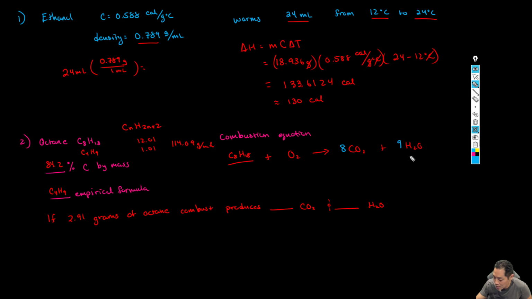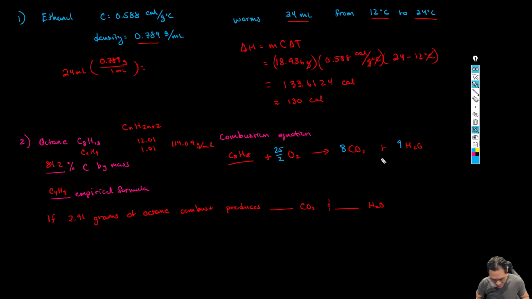Now we count oxygens here as 8 times 2, which gives me 16 plus 9, which will give me 25. So that means I need 25 on the left side, so you could kind of cheat. If it's O2, 25 divided by 2. If you don't like fractions, you could just multiply everything by 2, so it would be 2, 25, 16, and then 18. But this will be correct as well.